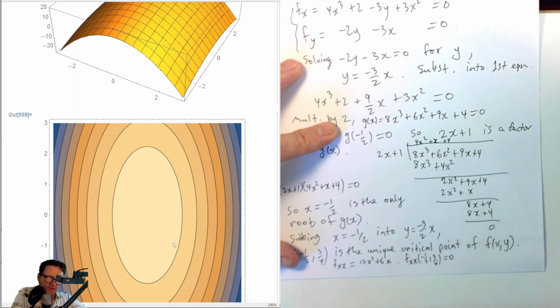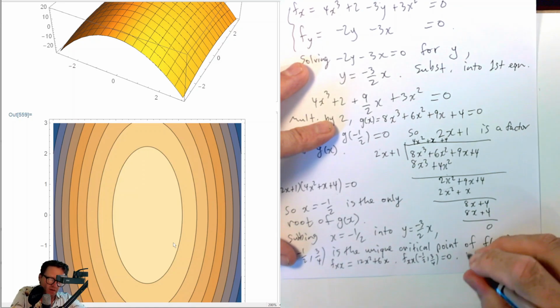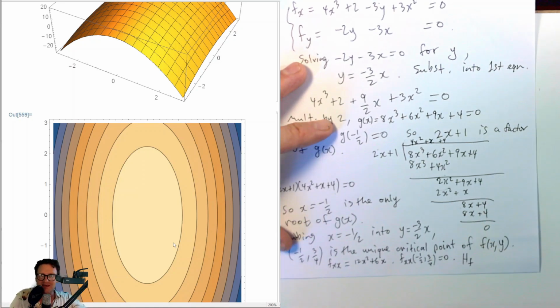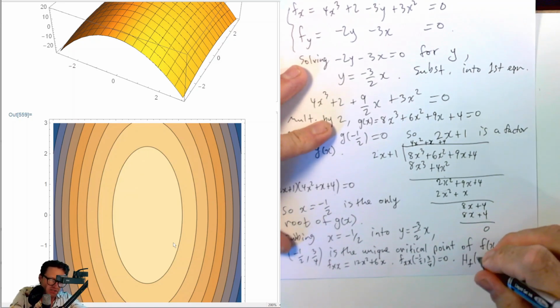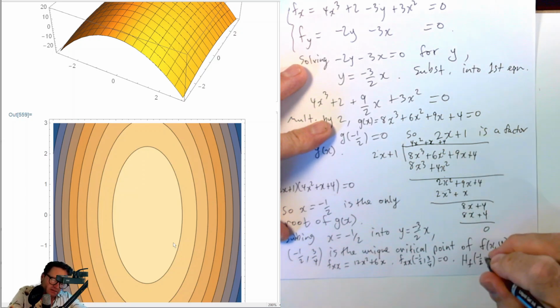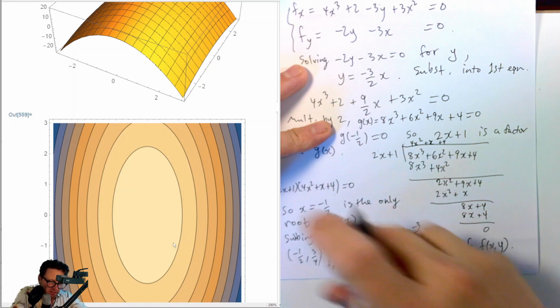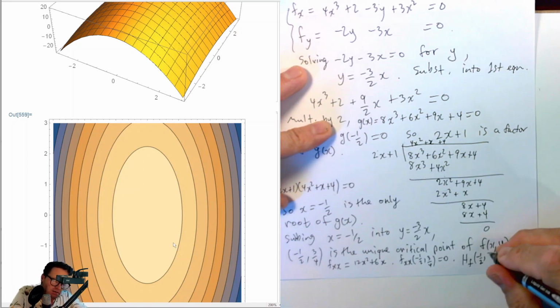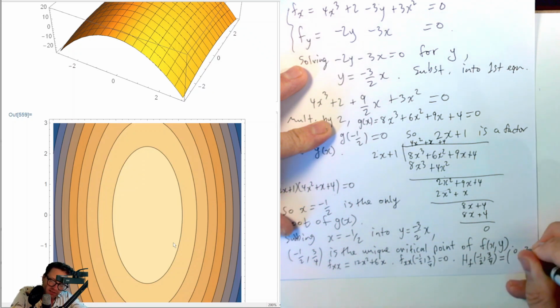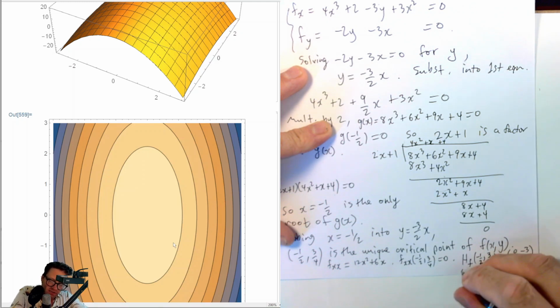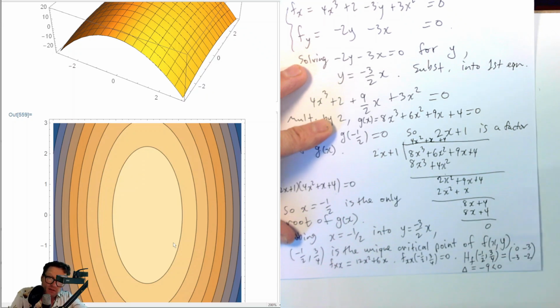Okay, now if we do all the other partial derivatives, we will find that the Hessian, I'm saying that because I'm out of space now, so the Hessian at minus 1/2, and that's because I've done this here. But you could have just believed me in writing that, right? Okay, so the Hessian at this critical point is 0, minus 3, minus 3, minus 2, and the determinant of that is minus 9, which is negative.